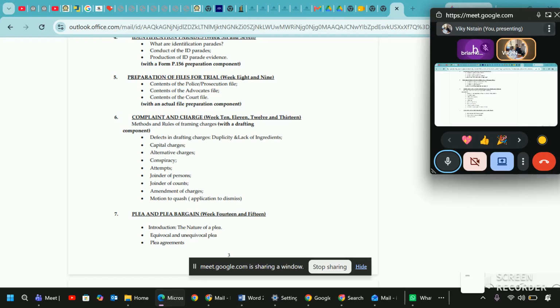Then section 382 of the Criminal Procedure Code talks on credibility on appeal or revision. An error or omission in a charge won't upset a conviction unless it occasioned a failure of justice.